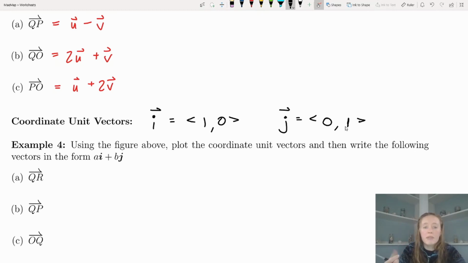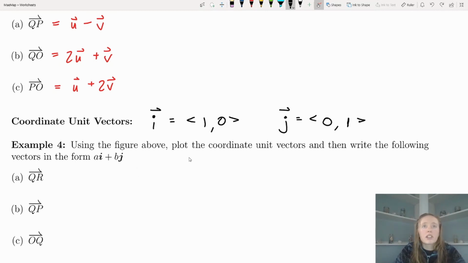And if we were in 3 dimensions, we'd have some vector k, 0, 0, 1, so in that z direction, which we'll get into in a later example video. So given our coordinate unit vectors, we're going to use the above figure again, but this time we're going to plot those coordinate unit vectors, and we're going to write the following vectors in the form of a times vector i plus b times vector j.